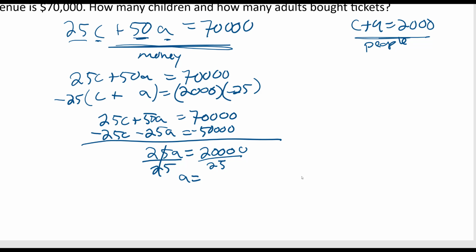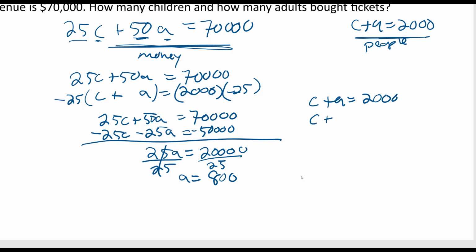Let's pull out the calculator. I should be able to do that in my head, but I'm not going to. Thinking it's like in the 400 range, but let's find out. Yep, I'm glad I didn't because it's 800. 800 adults, and we know that C plus A is 2,000.